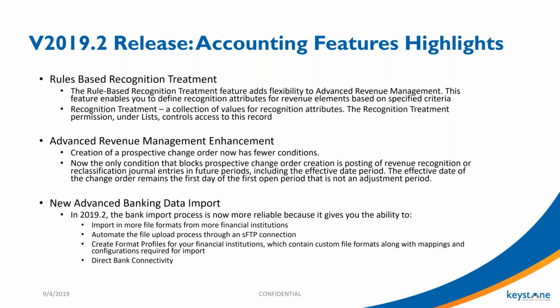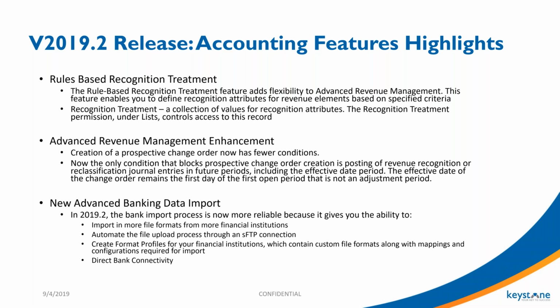Once you do, that will add 2 new records in the revenue section under setup accounting, and they are recognition treatment and recognition treatment rule. 2 new records. And as with everything else in revenue recognition, it all builds upon each other, so you have to create a recognition treatment before you can create a recognition treatment rule.